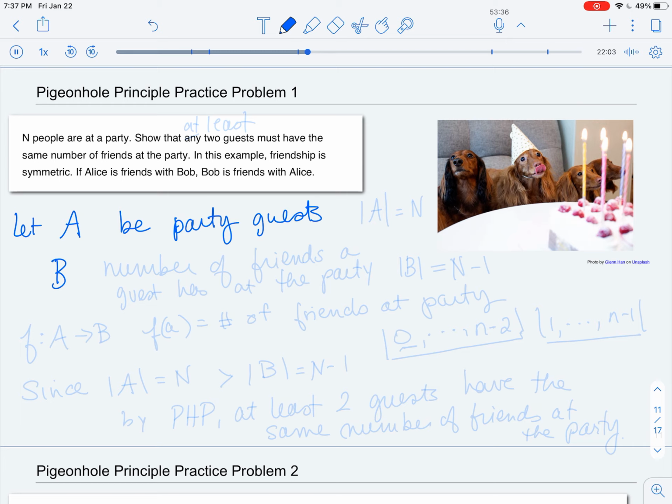So we're trying to show that at least 2 guests must have the same number of friends at the party. And in this case, B would be maybe the number of friends a guest has at the party.